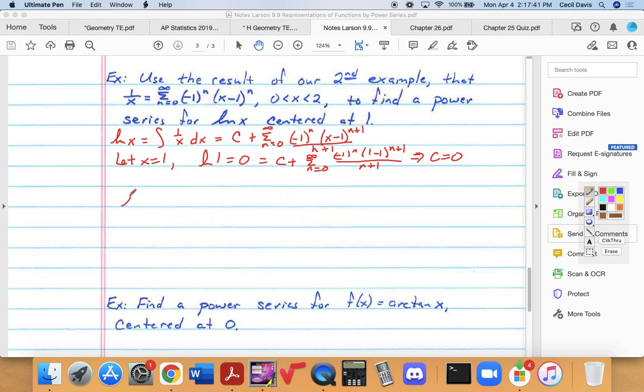So the natural log of x is the summation as n goes from 0 to infinity of negative 1 to the nth, x minus 1 to the n plus 1 over n plus 1.